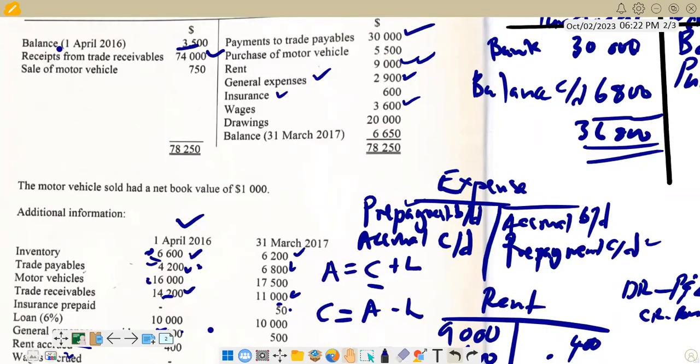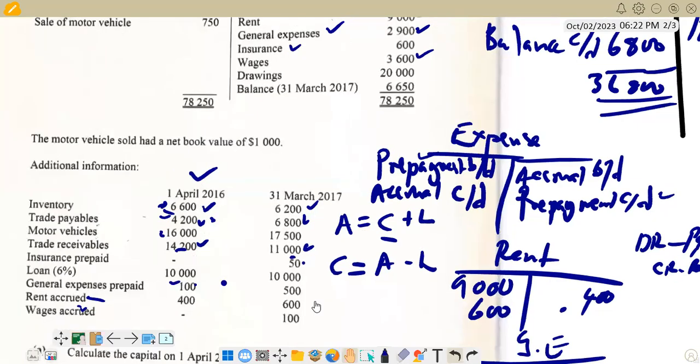But we also have another expense, which is interest. We have a loan there, which is 6%. So when we say 6%, 6% is 0.06, multiplied by the amount of the loan, which is 10,000. That 6% is per annum. So 6% times 10,000, you get 600.